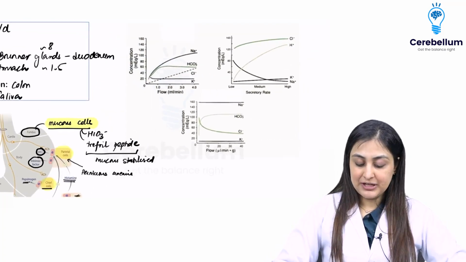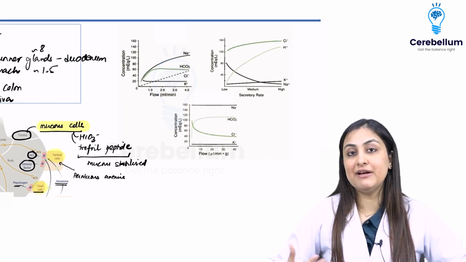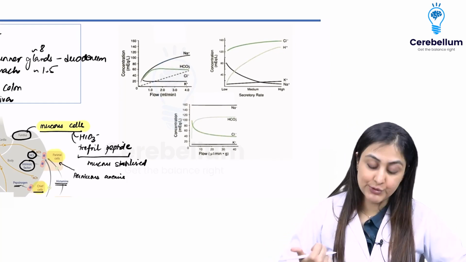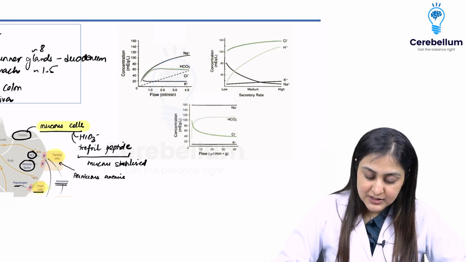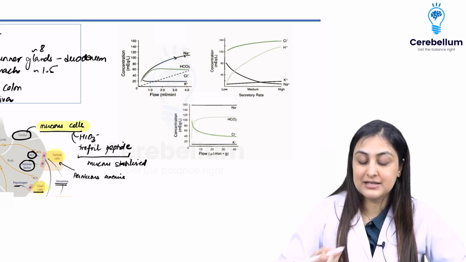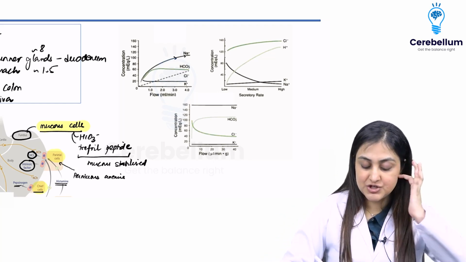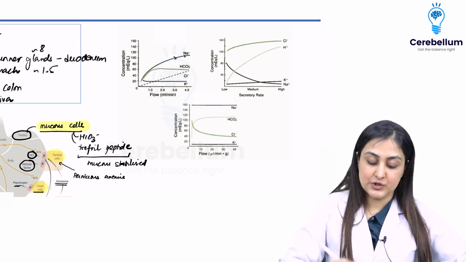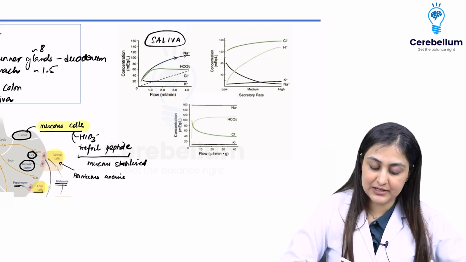Now, this could be a potential INICET question where they give you graphs and ask you to identify what secretion is being shown. Remember, this is the secretion wherein the sodium increases as the flow rate increases. More secretion means more sodium will be secreted into the secretions at high flow rate. This is a classic thing that happens in saliva, so this is how you can recognize saliva.